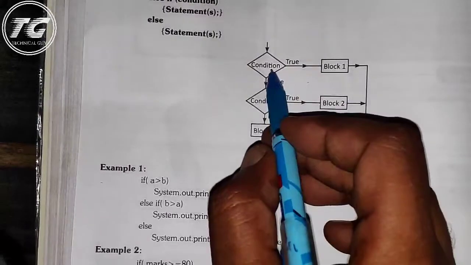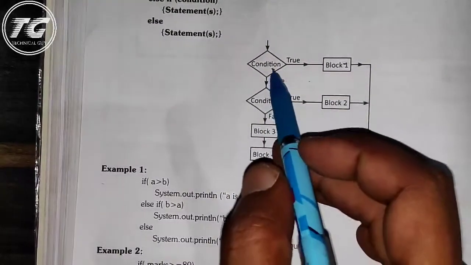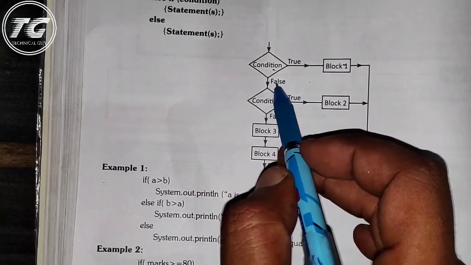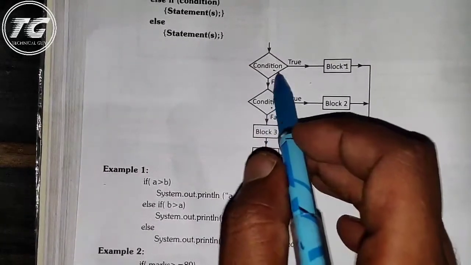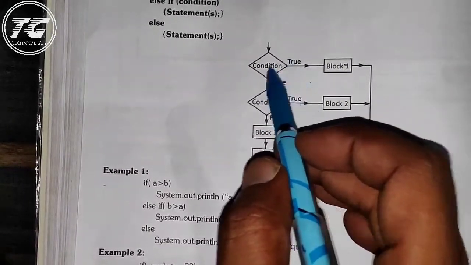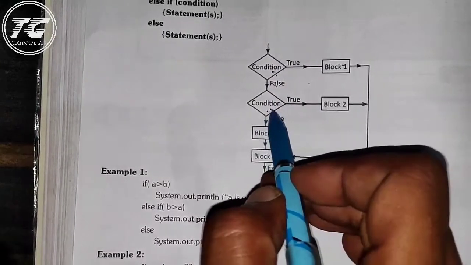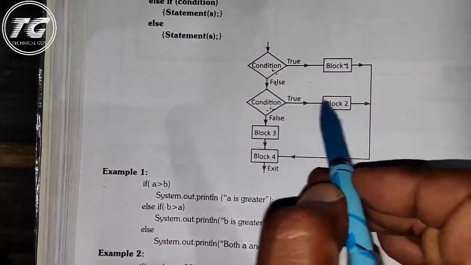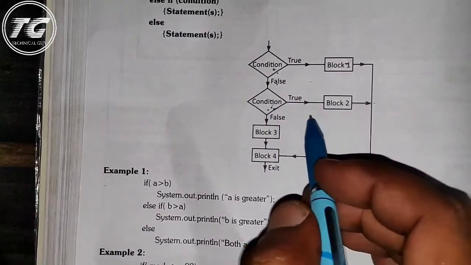If the condition is true then block 1 will execute. If the condition is false then there is one more condition. If the first condition is true then it will execute, but if the first condition becomes false then the second condition is there. If that condition is true then that part will be executed, and further you can take as many cases as you want.